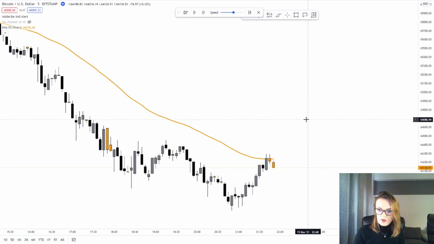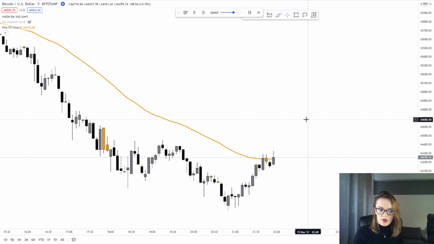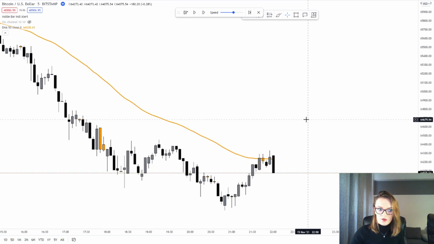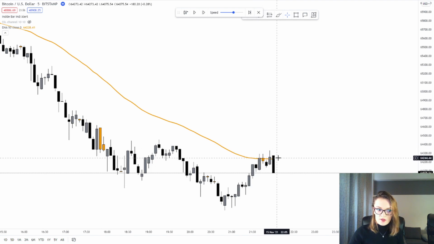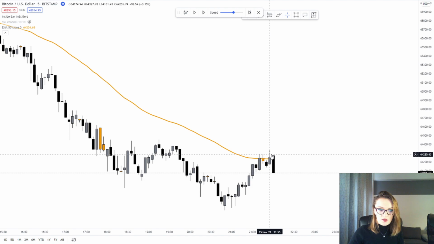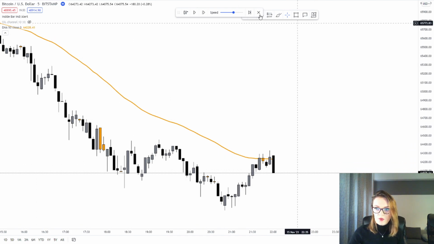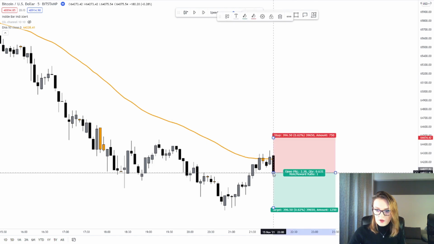Okay, here we've got another retest, and we have a bearish engulfing formation here, meaning that this bullish candle has retested the EMA, and right after this candle, this bearish candle opened somewhere higher than the close of this candle and fully engulfed the prior candle. So I will set our sell position here at the close of this candle.